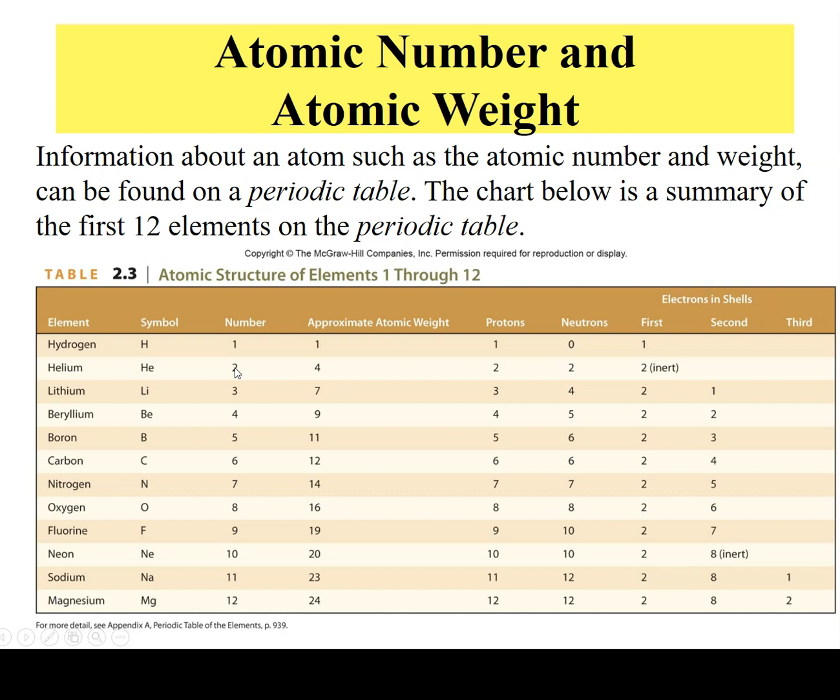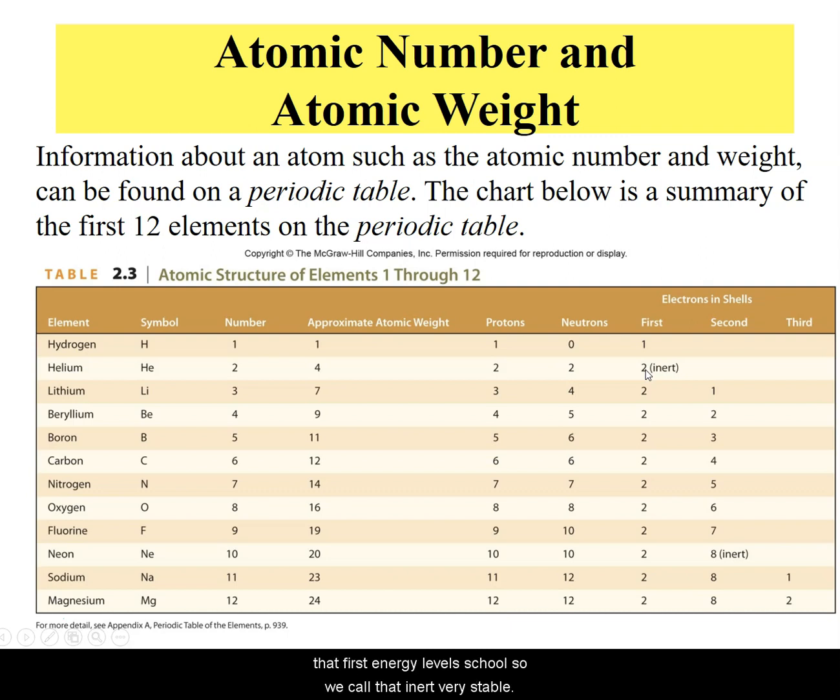Helium, the atomic number is 2, approximate weight is 4, so that would also be 2 protons, atomic number, the number of protons and the atomic number is going to be the same. So 2 protons, and because it's neutral, 2 electrons in orbit around it.